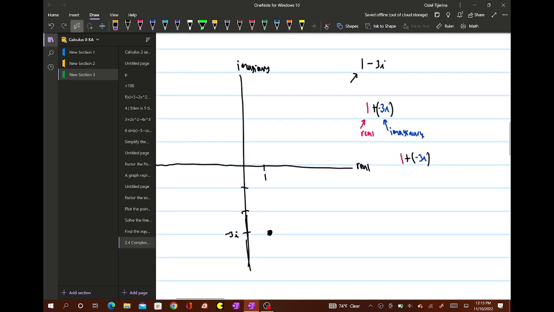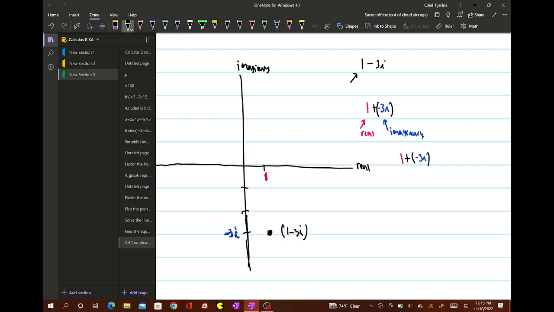The way you graph a complex number is: here's 1, and over here is -3i, so this point is actually 1 minus 3i.